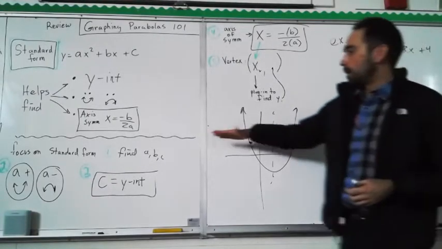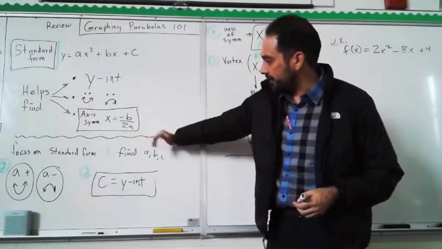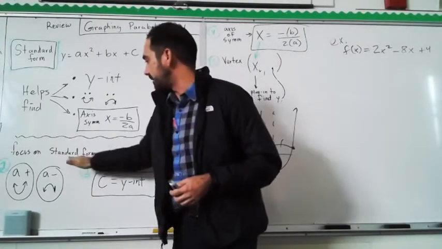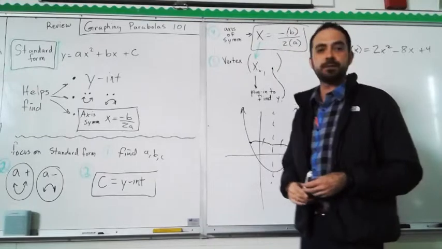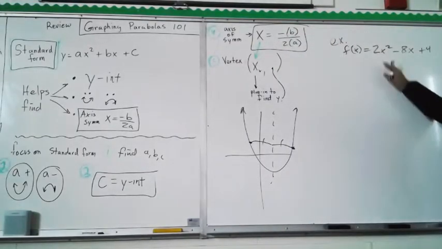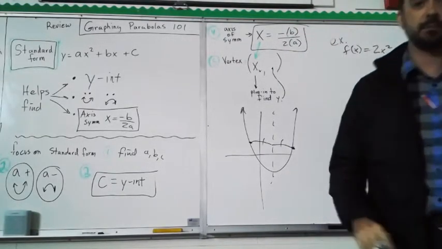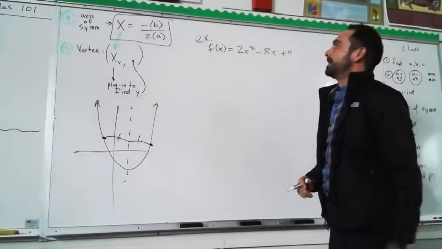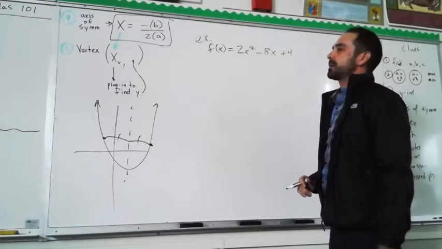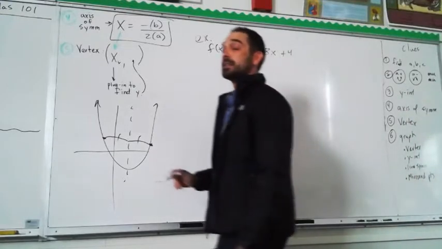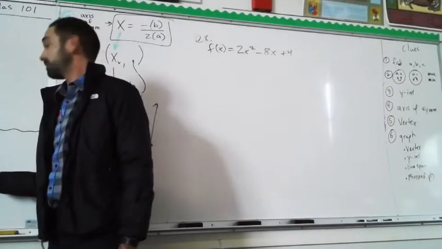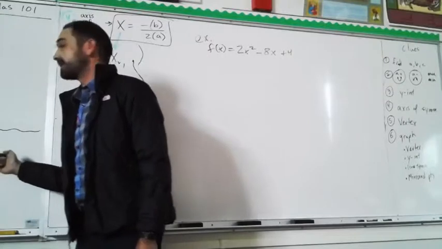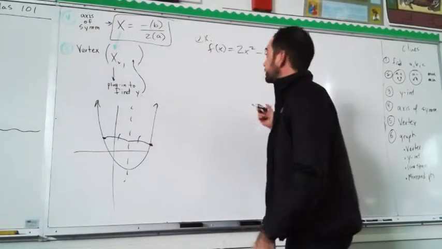So when we're doing standard form, we're going to focus on standard form and look at each of these steps with this example problem. So I'm just going to pull it over here. And so let's look at number 1. This would be 3 points right here in the homework. Find A, B, and C. What's my A value? 2.